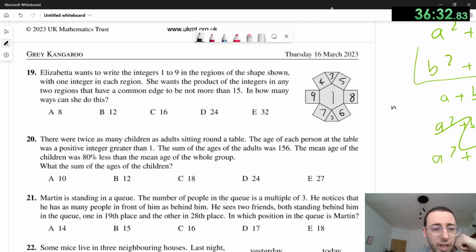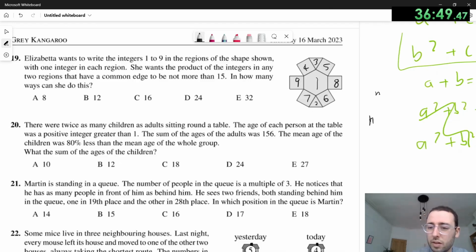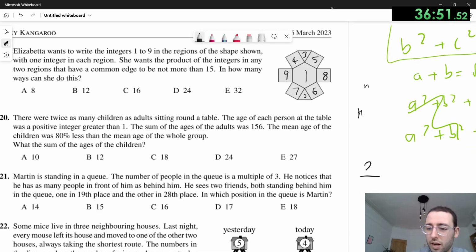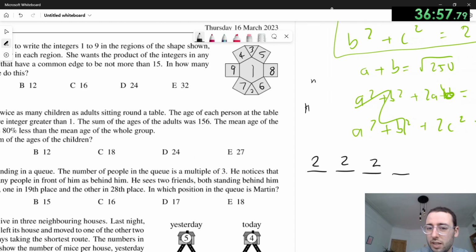Cool. In how many ways can she do this? That's 1. You could swap the 8 and 9 around. That's 2. You could swap these around. So there's 2 options for the 8 and 9, 2 options for the 7 and 6, 2 options for the 4 and 5, and then we can also swap these 2 around.